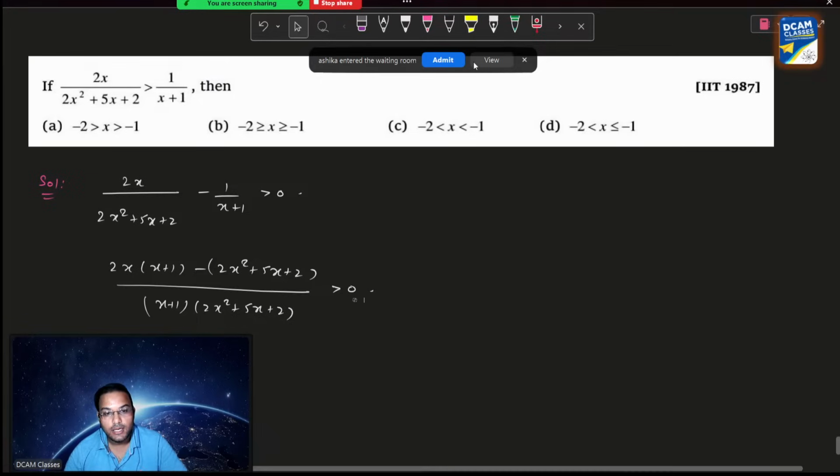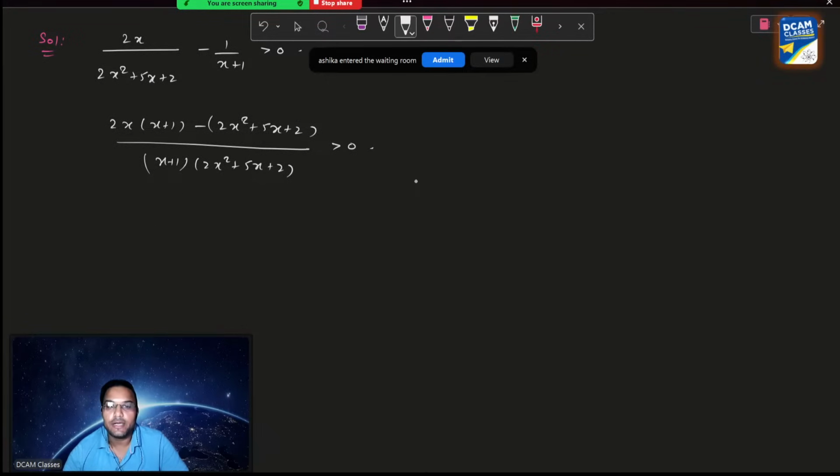Okay. Now, this is factorizable. Let me factorize it very quickly. So (2x plus 1) into (x plus 2).